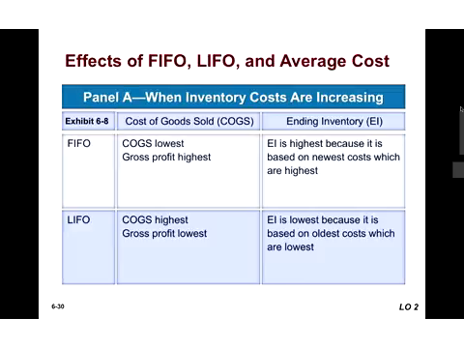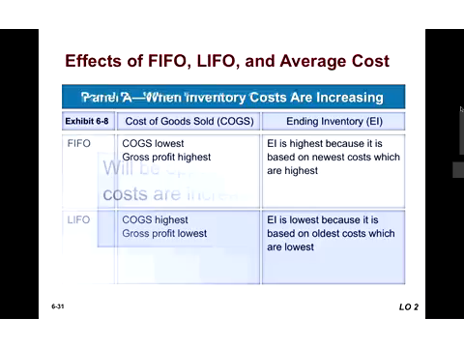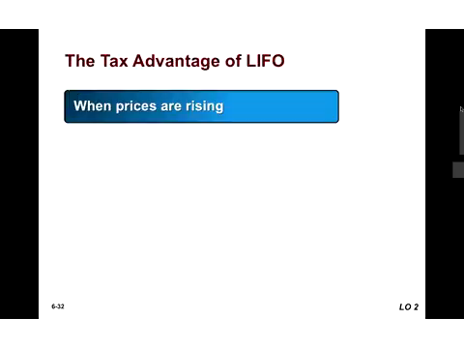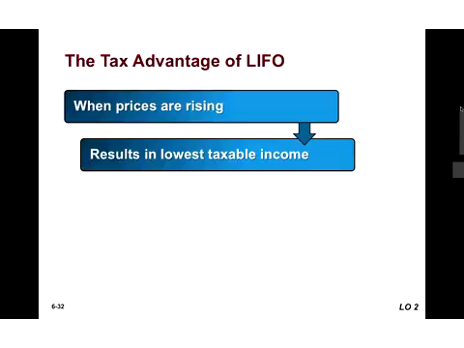Back to this one, we said gross profit's the highest with FIFO. Gross profit is the lowest with LIFO. There is a tax advantage to LIFO. Okay, so here's the tax advantage of LIFO. Let's assume costs are going up, okay?